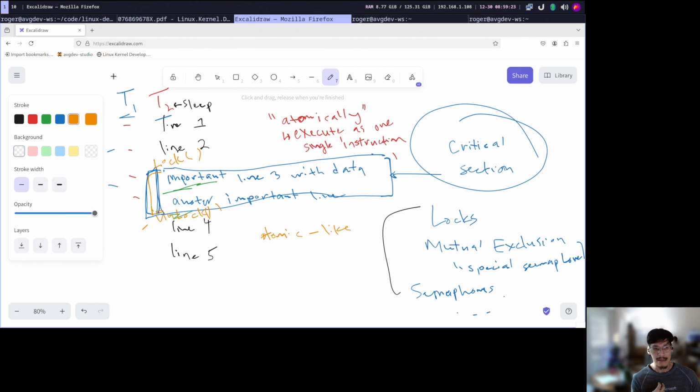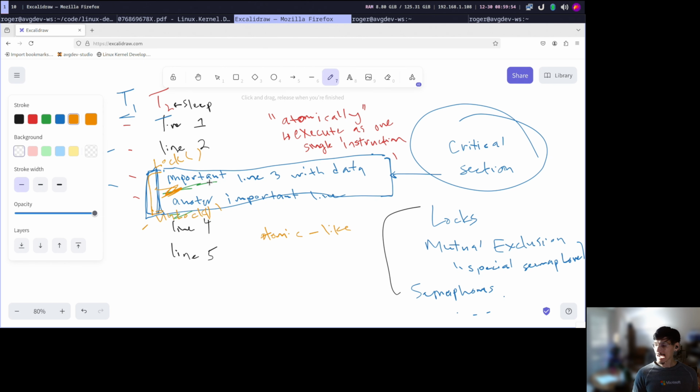Nobody else is. And no matter what happens, say thread 1 gets preempted in between, moved by the scheduler from running to ready, and then thread 2 goes from ready to running, it can't come into this critical region at all because thread 1 has obtained the lock. So looking at it from that view, this is technically atomic now.